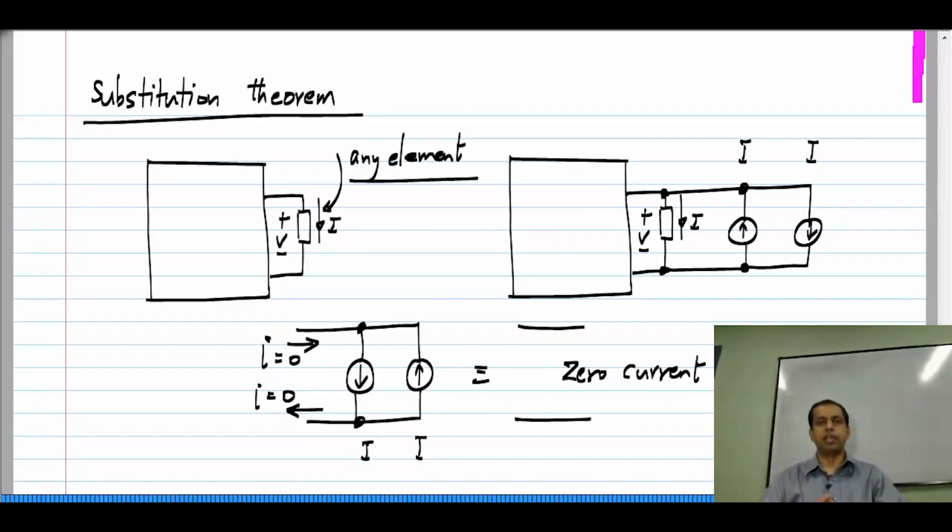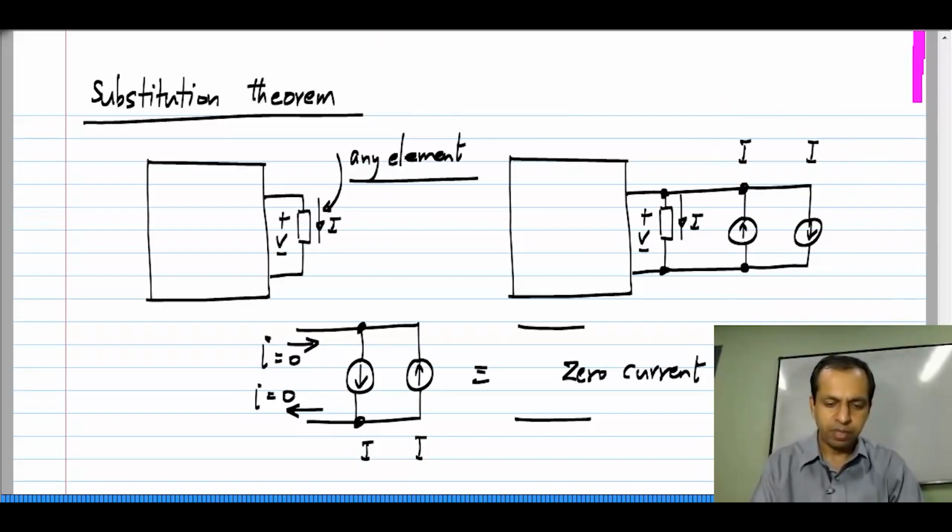All I am saying is I will connect an open circuit across the element, and obviously, that will not change anything in the circuit, because I have this element, and to say that I connect an open circuit across it means that I have really not changed the circuit in any way. This is just a fancy convoluted way of showing an open circuit, but there is a point to it, as we will see.